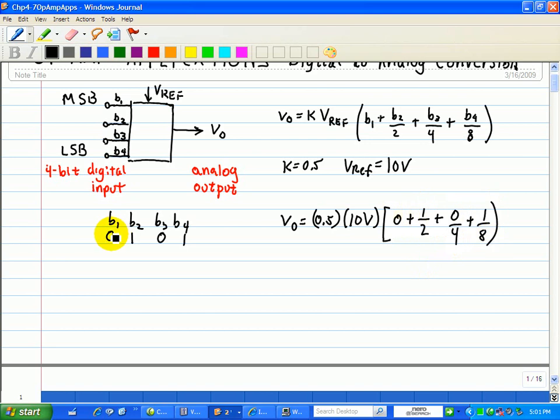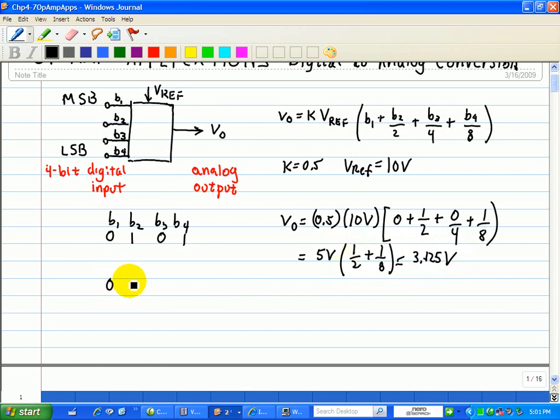All I did was substitute 0, 1, 0, 1 in this equation here. So this yields 5 volts times 1/2 plus 1/8, and this yields 3.125 volts.